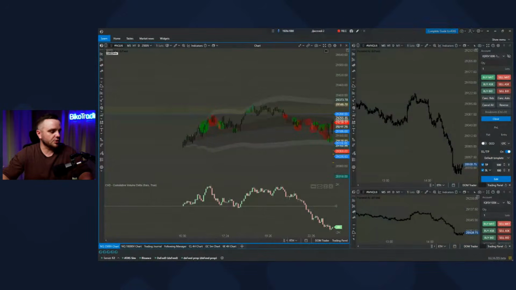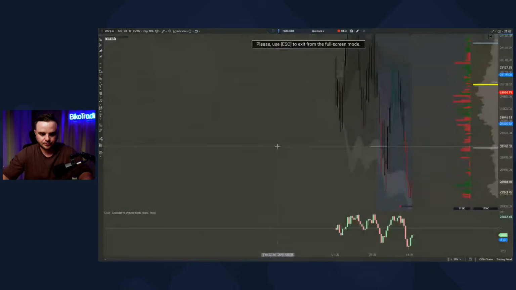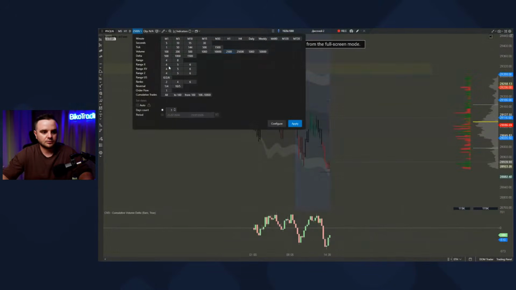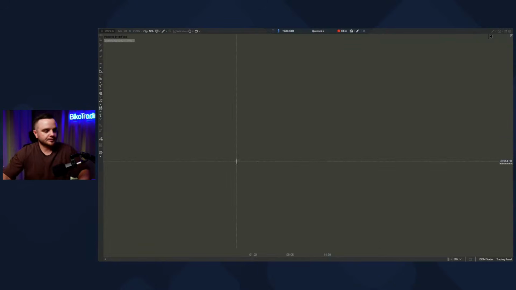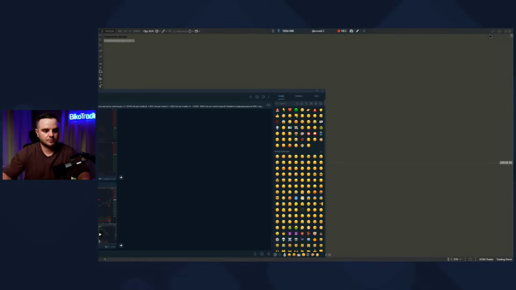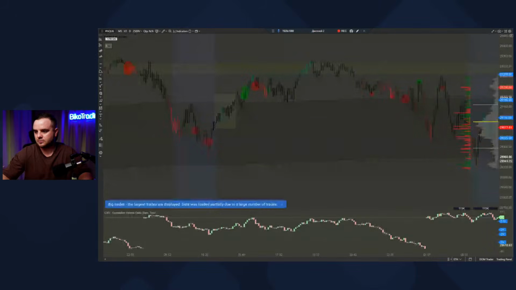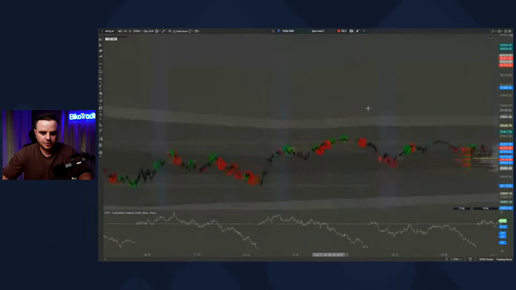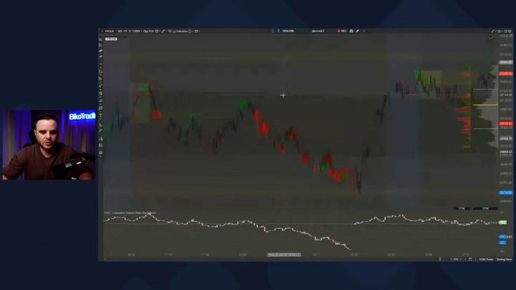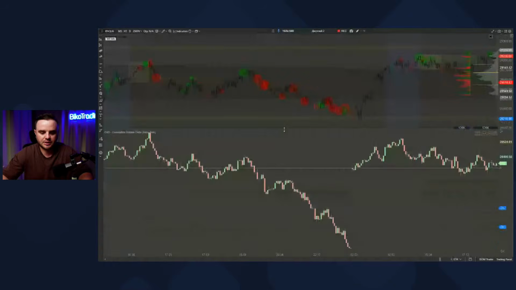Okay, here are a few examples when aggressive delta wasn't absorbed, but, as you can see, did a move.